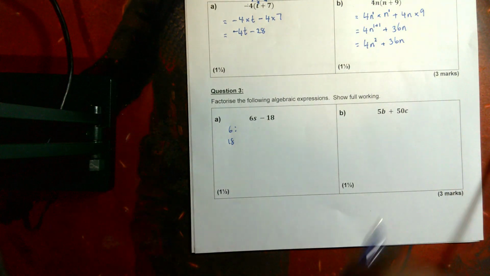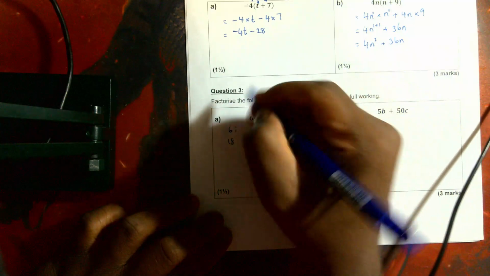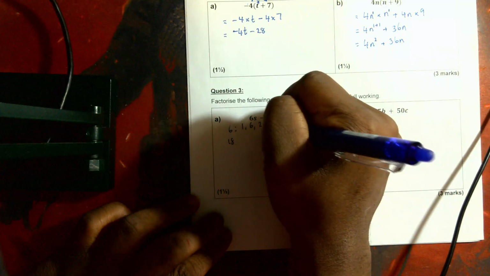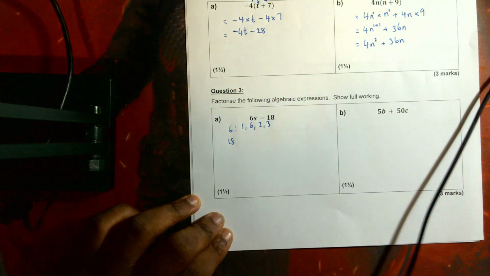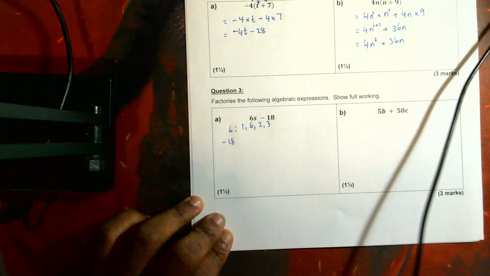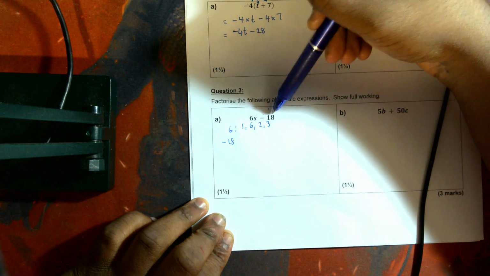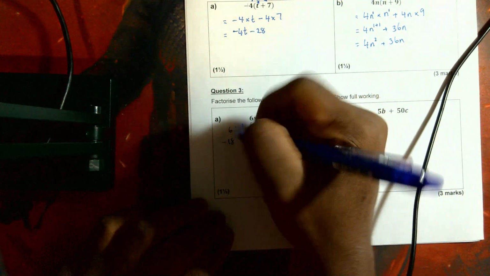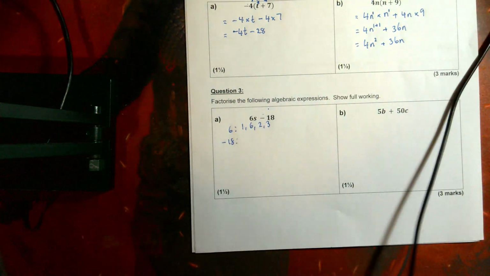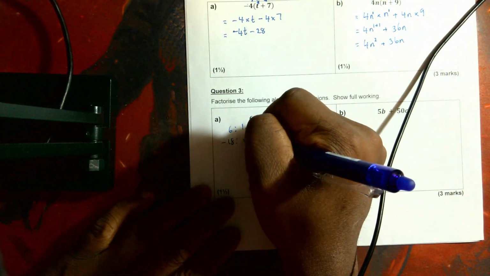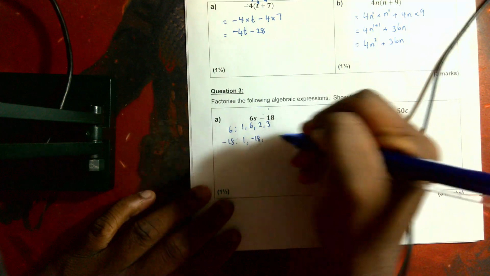And I know from my times tables that my factors for 6 are 1 and 6, 2 and 3. We know the number we're trying to find the factors of is negative 18. So I need the factors for negative 18, which means we've got 1 and negative 18.